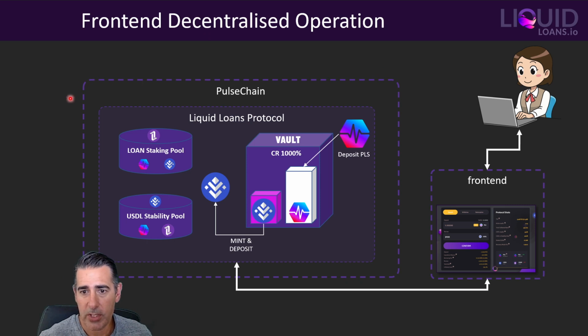Well, on PulseChain, we've got our Liquid Loans protocol running, and then somewhere hosted on a web server somewhere on the internet, there is a front end, and a user comes along and connects their MetaMask wallet to the front end and puts in the values that they wish to enter into the front end app or DApp, and then that gets sent over to the protocol to interact with the protocol.